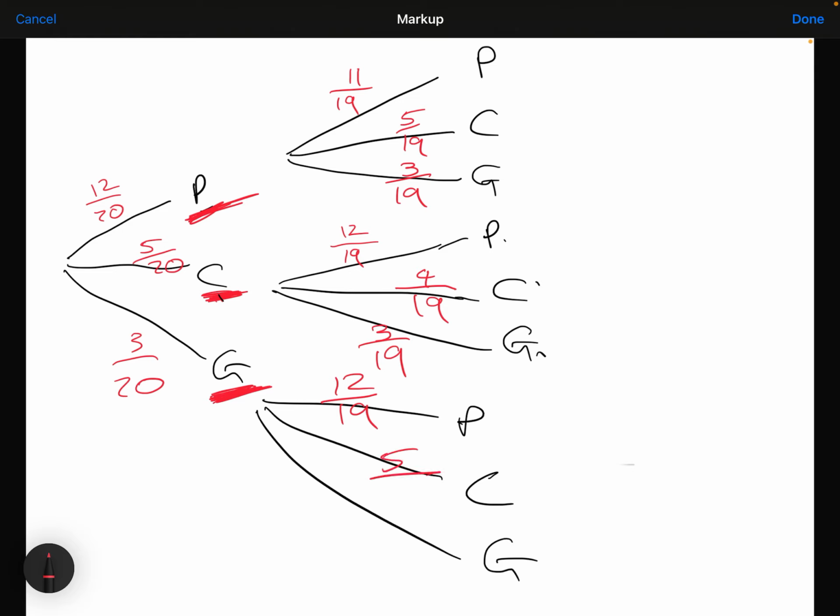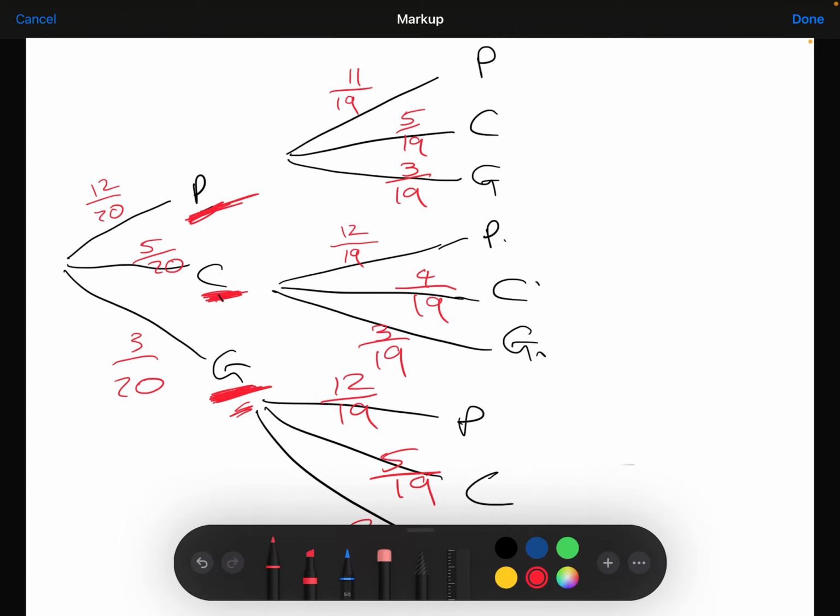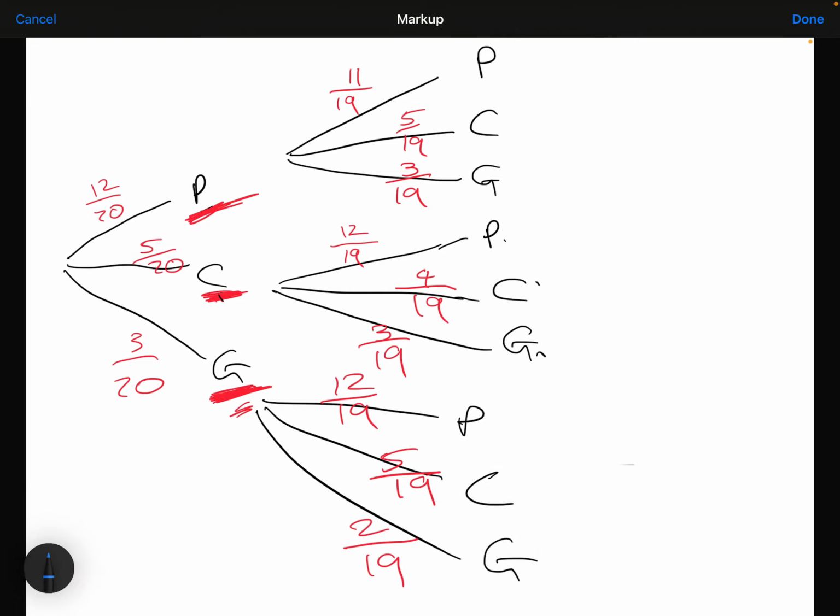The probability of the second biscuit being chocolate if I took a ginger out the first time would be 5 out of 19. And the probability of the second biscuit being ginger if I took a ginger out the first time would be 2 out of 19, because there were 3 ginger biscuits, but I took one out, so there's 2 ginger biscuits left. So, after all of that, our tree diagram is complete.